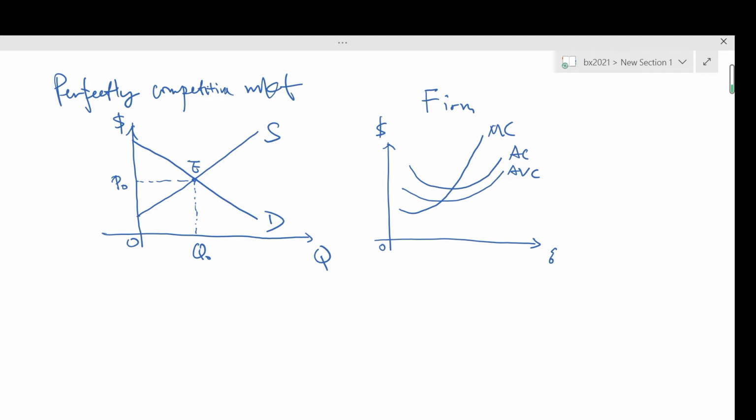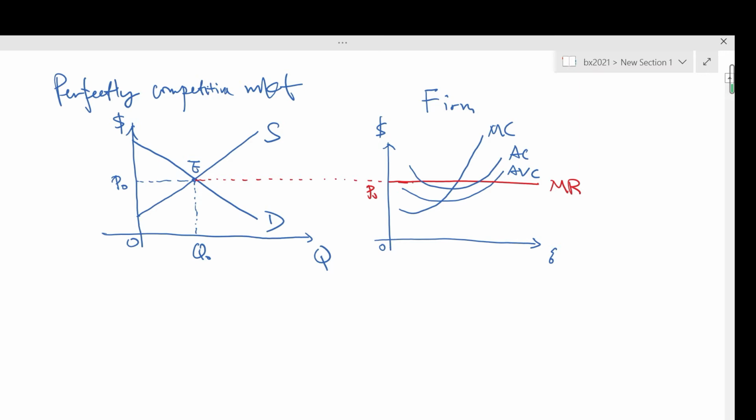So this market price is then also my marginal revenue curve, or that's the demand for my product. That's the demand for my firm. Not market demand, but demand for my firm.